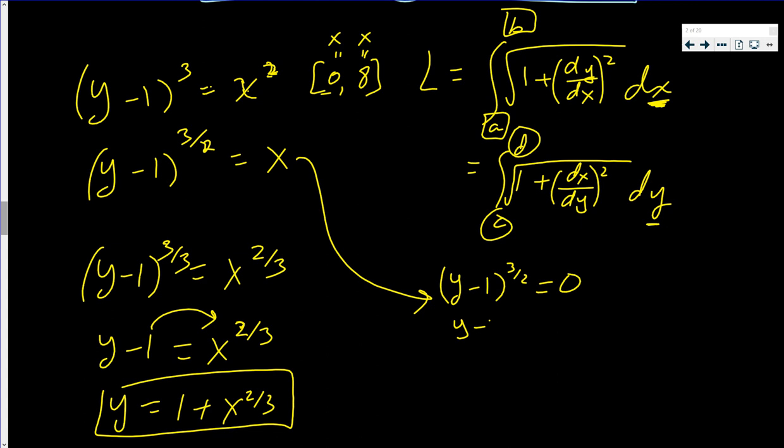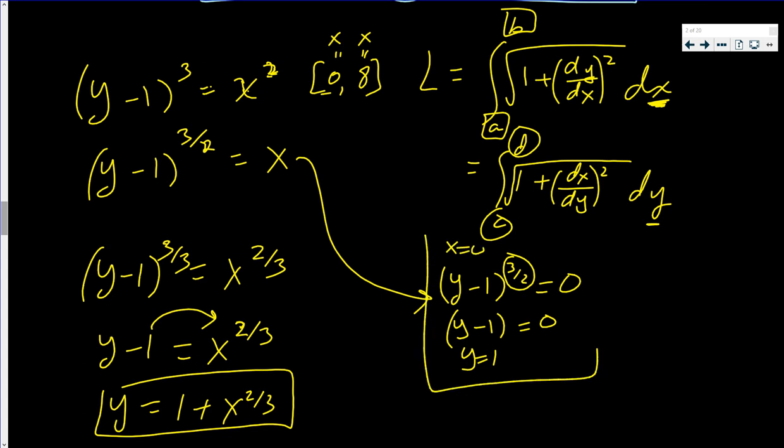So then y minus 1 must be 0, because only 0 to the 3 halves gives us 0. And then y would equal 1. Okay, so x equals 0, y is 1.